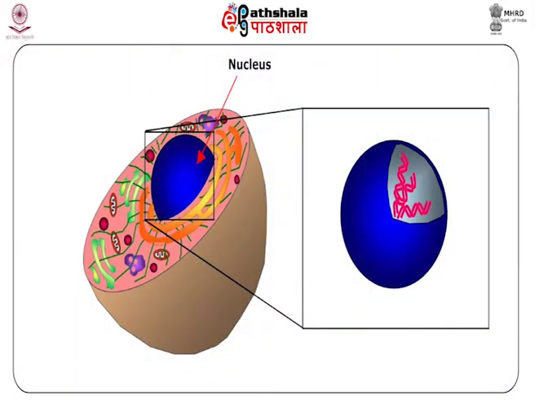The function of the nucleus is to maintain the integrity of these genes and to control the activities of the cell by regulating gene expression. The nucleus is therefore the control center of the cell.